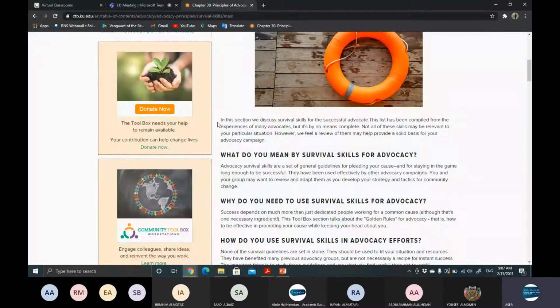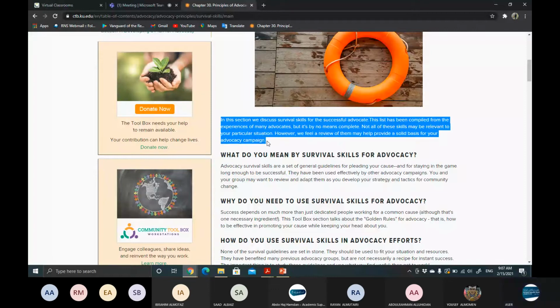So, in this section, we are going to discuss the survival skills for the successful advocate. This list has been compiled from the experience of many advocates, yet it's by no means complete. Not all of these skills may be relevant for your own particular situation.